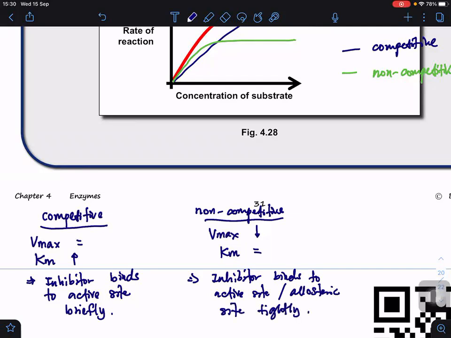Are you clear? Tightly or permanently. Clear? So it means that an inhibitor that binds to the allosteric site briefly, we won't take into consideration. We don't study that. Okay. So with this, I have done the inhibitors.